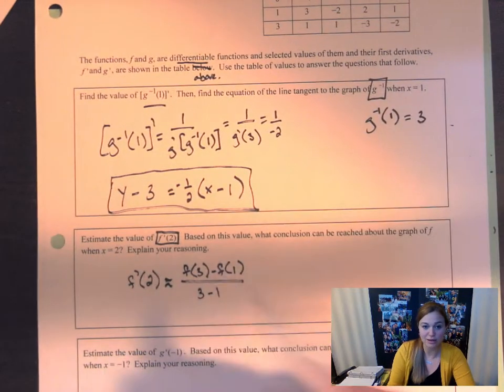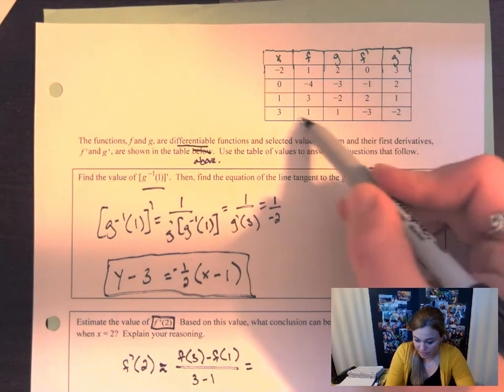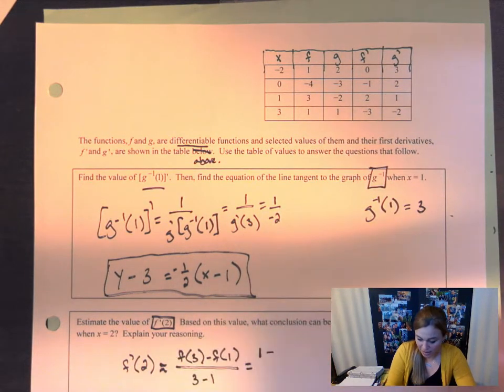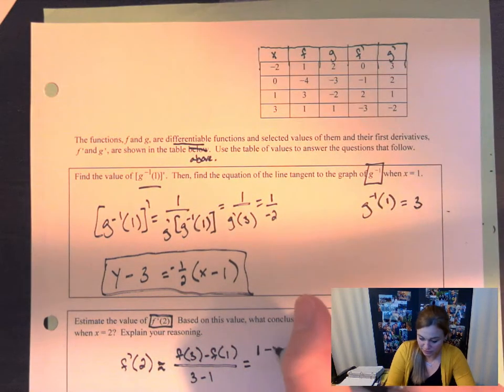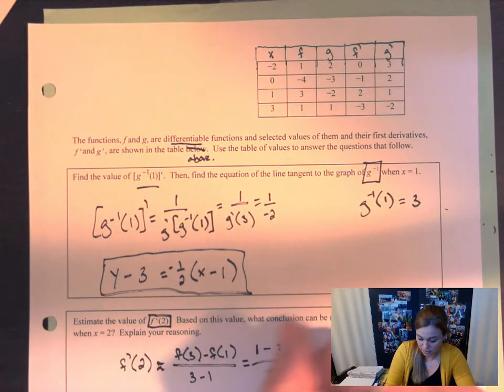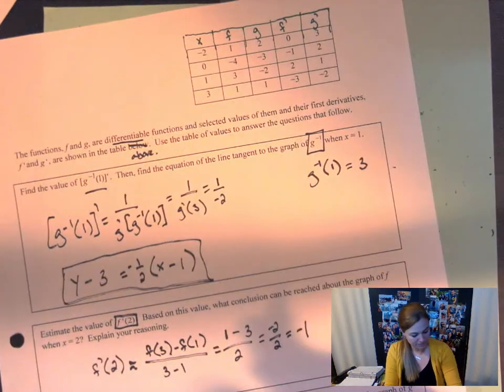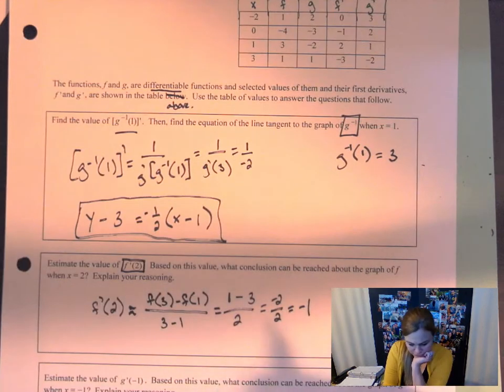It's really important that you show this step so I know where you're getting these numbers from. F of 3 is 1. F of 1 is just 3. So I'd have -2 over 2, which is -1. I want to make sure that I'm right on this one.